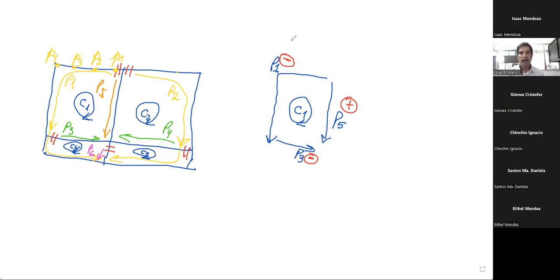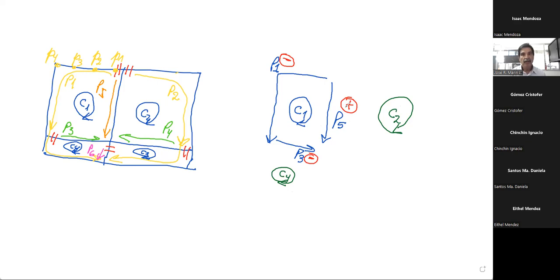Okay, now, let me change color here. Let's go to, for example, green. This is the cell 2. We see that in this path, going down, the influence of cell 2 goes up.